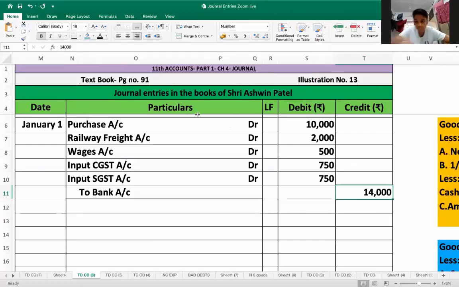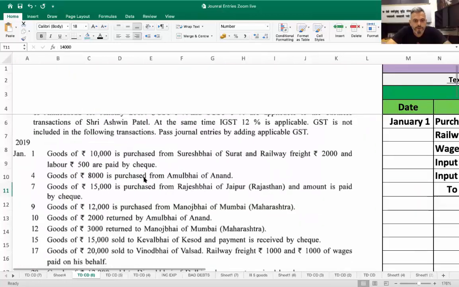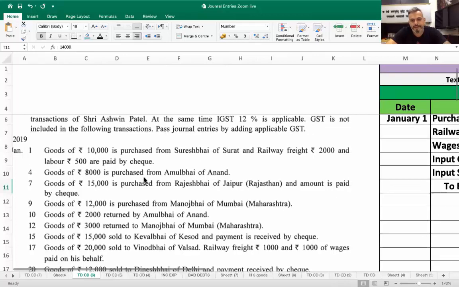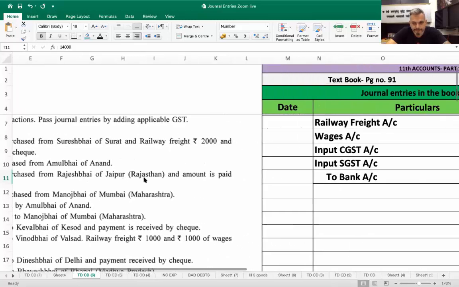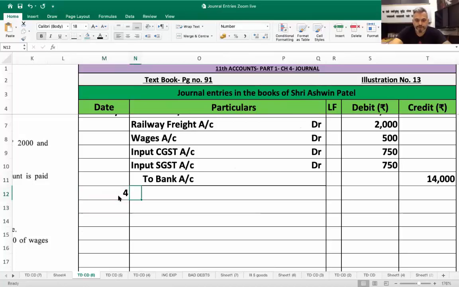Okay, next one. Fourth, goods of 8,000 are purchased from Amul Bhai of Anand. Now, is this a cash transaction or credit? Credit. Okay, goods are purchased, so purchase account debit 8,000.